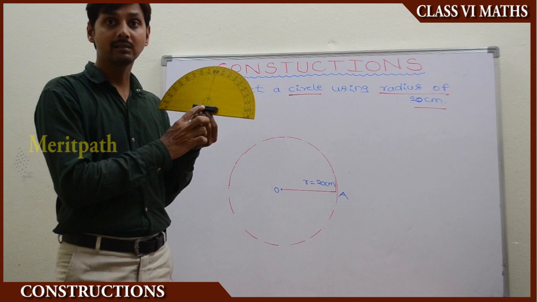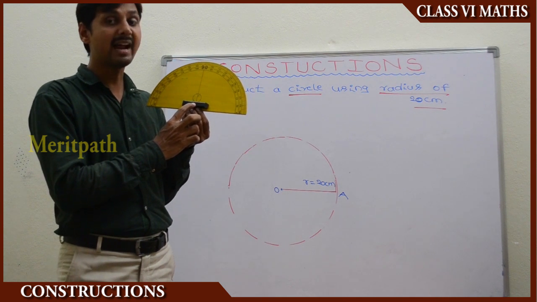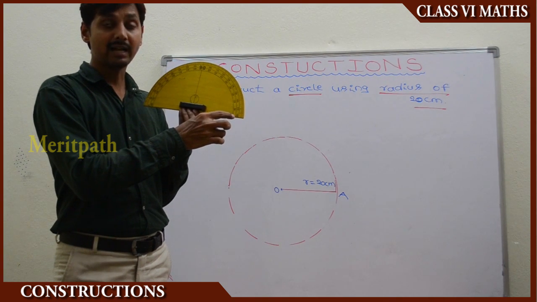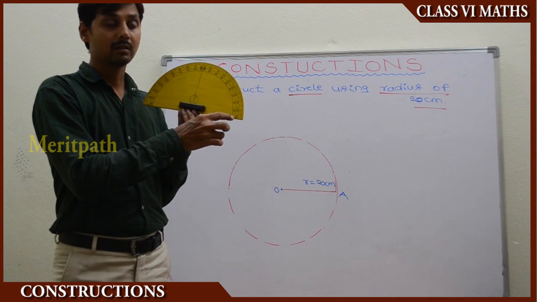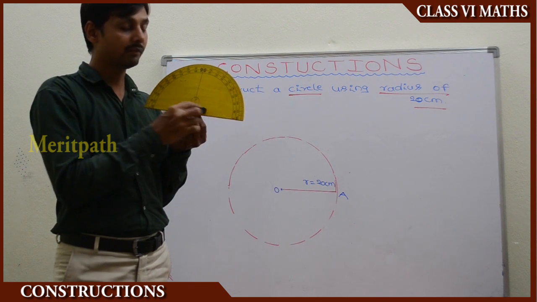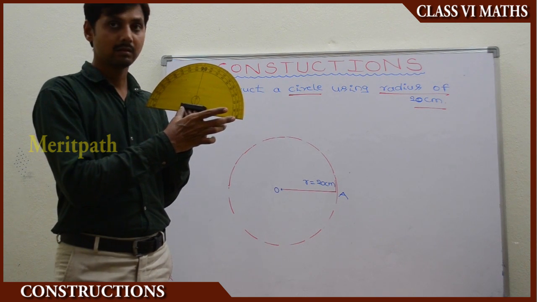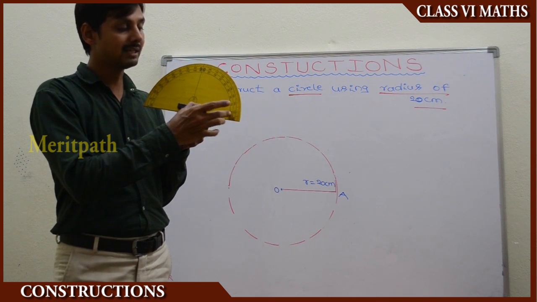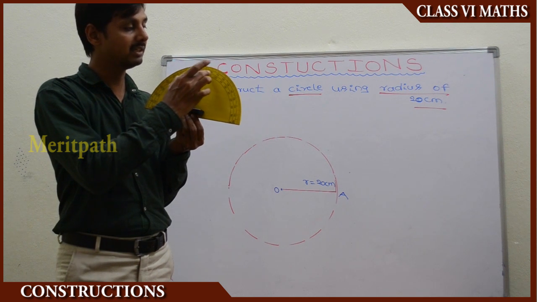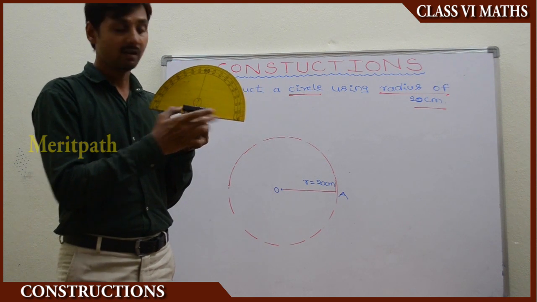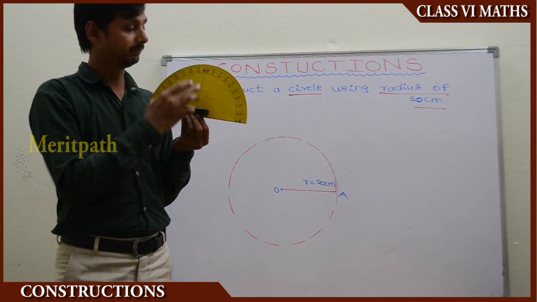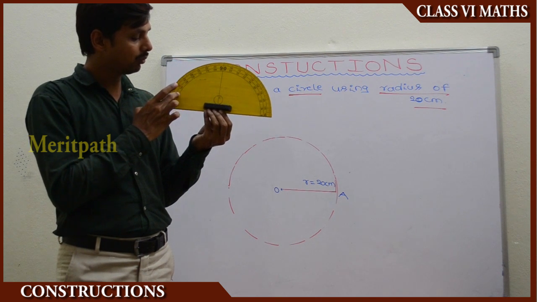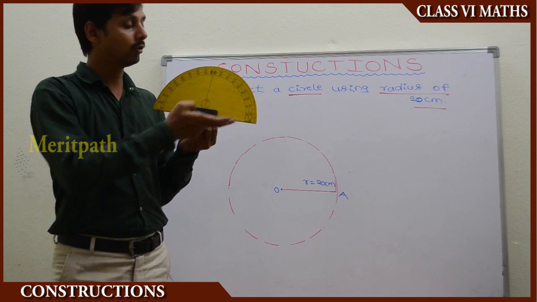The initial point is this O, and we have drawn a line segment to the right hand side, and we'll take 0 as the starting point, and make the angle with the base, the arms of an angle. This is the base. So 0, 10, 20, 30, 40, 50, 60, 70, 80, 90 degrees, which makes a perpendicular. 100, 110, 120, 130, 140, 150, 160, 170, 180, 0 to 180.